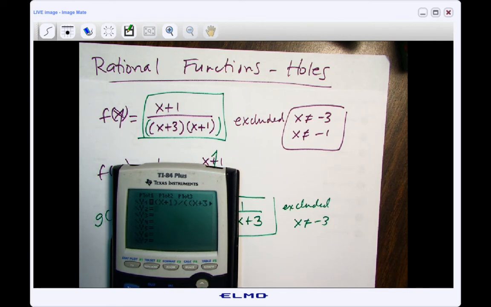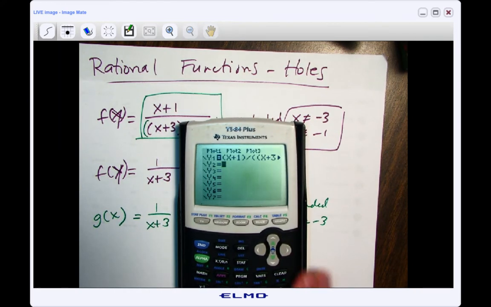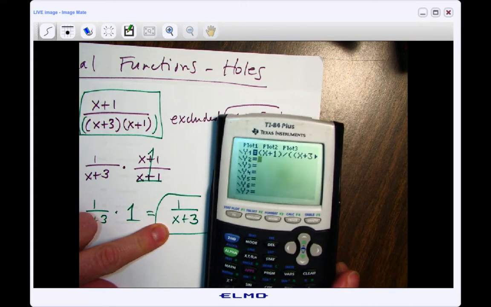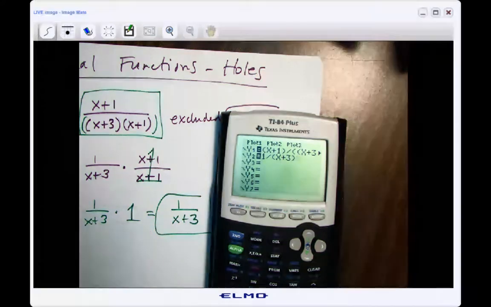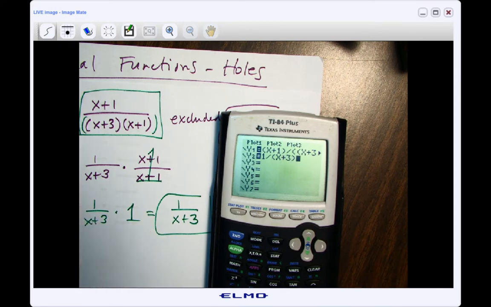And for function 2, so can you see that? So I did x plus 1, over this denominator. Okay, the second one, I'm just going to do this one, 1 over x plus 3. So 1 divided by x plus 3. Now, if these are actually the same thing, what would that mean for their graphs? Like if you graph the same function, think about when you're doing your lines, right?